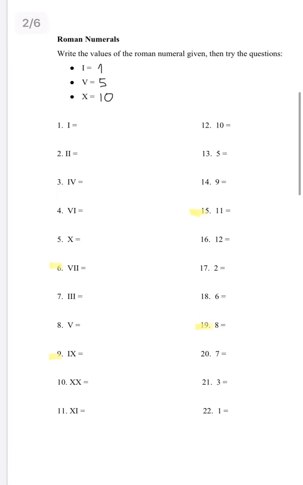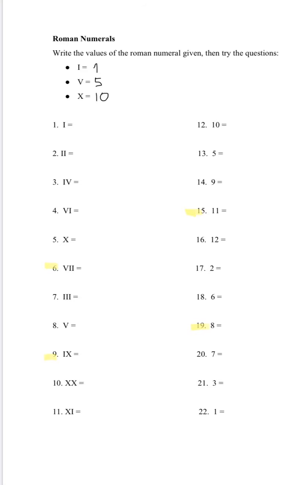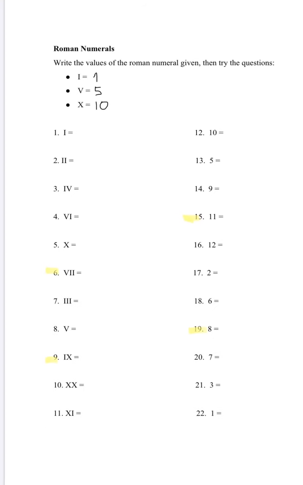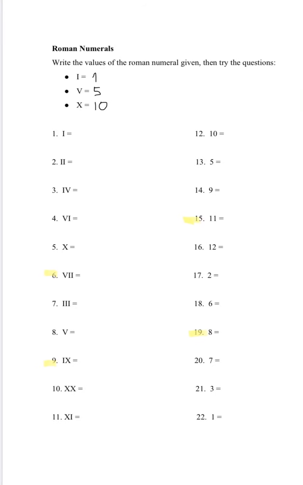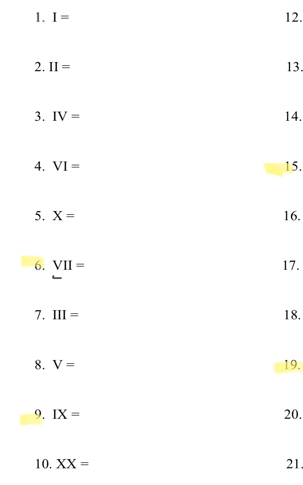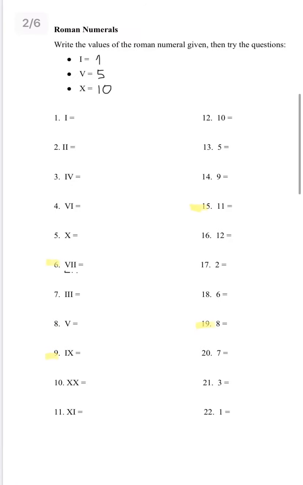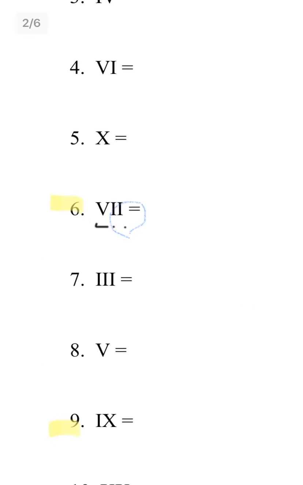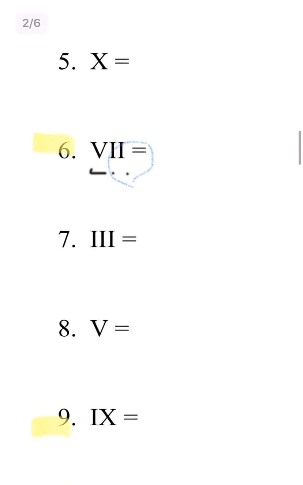So for number 6, that's a 5, right? Plus 1 plus 1. So whenever the smaller number comes on your right, then you add it, okay?